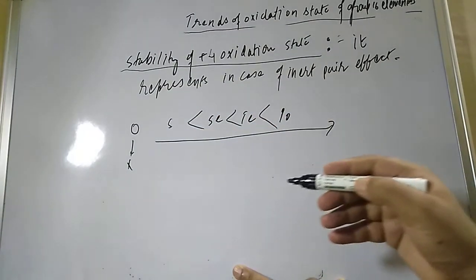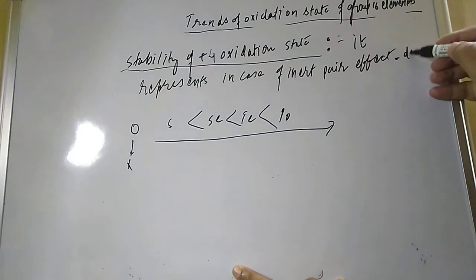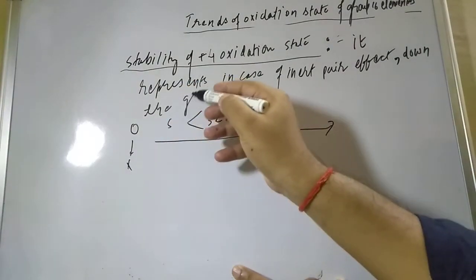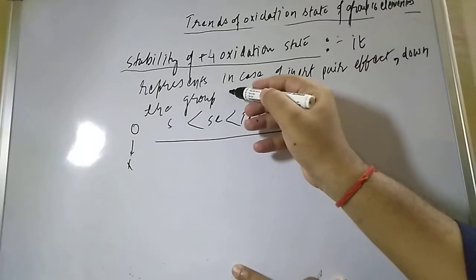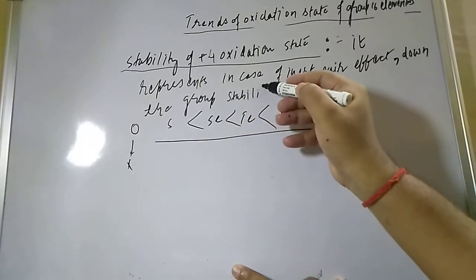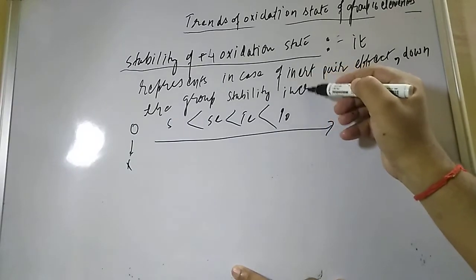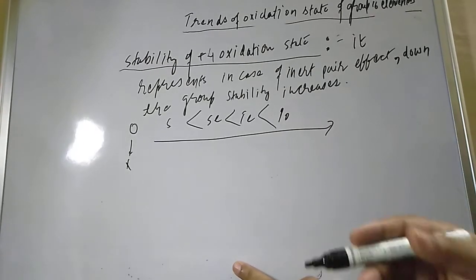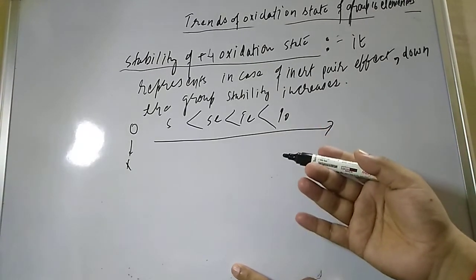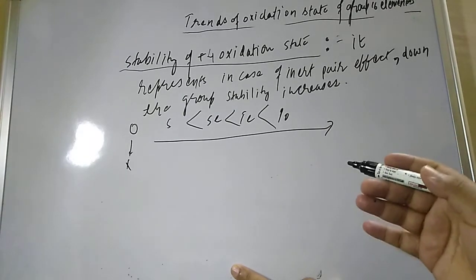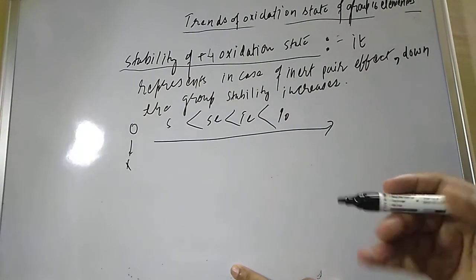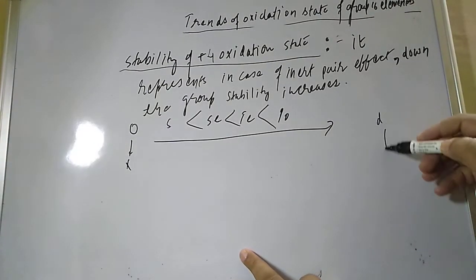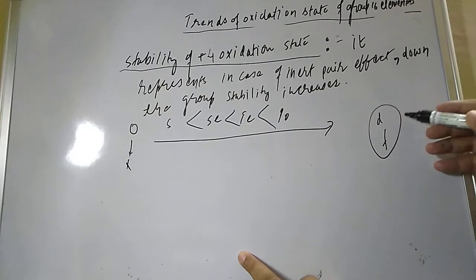But stability increases down the group. How does stability increase? Because the ns2 electrons are not taking part, which means 4 is left, and inert pair effect increases down the group. Why does inert pair effect increase? Because we know that d and f orbitals are involved, d and f block elements have diffuse shape.